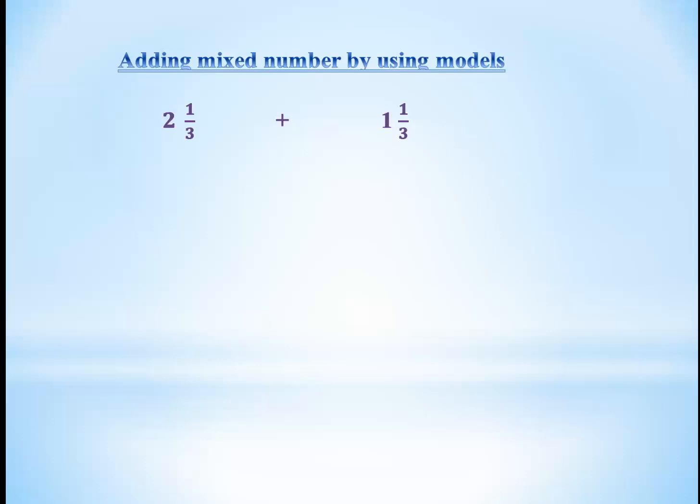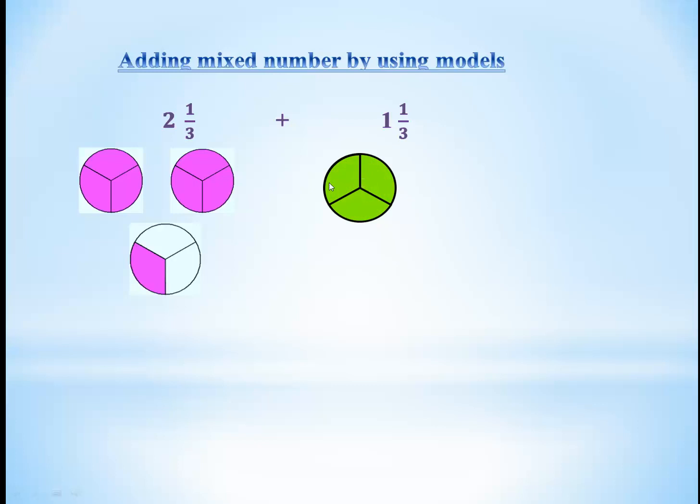Let's use the first method by drawing a model. Here we have 2 and a third. It means 2 wholes, yes, and 1/3. Okay, here we have 1 whole and 1/3.